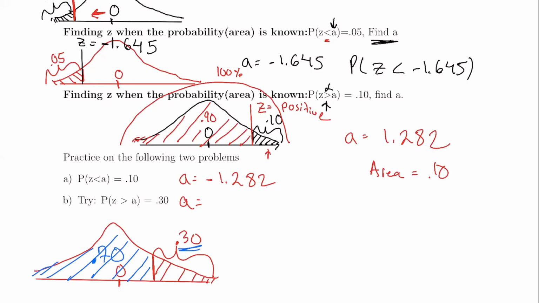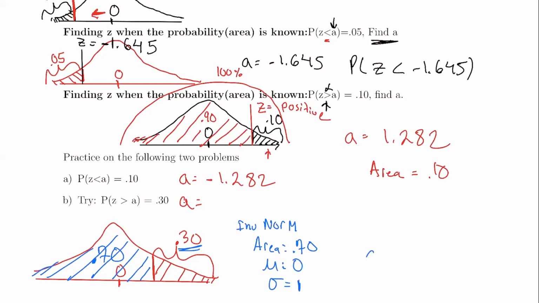So since that is 0.70, what you want to do is inverse norm. And then for area, you want to enter 0.70. Mu will still remain 0. Sigma will be 1.